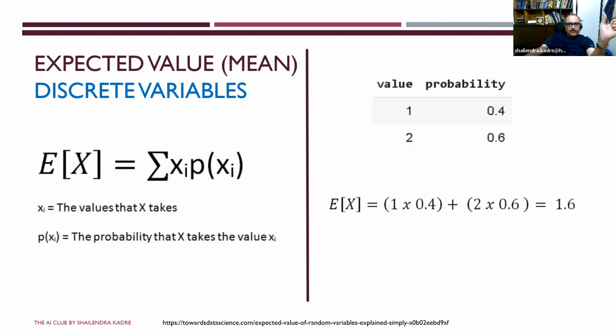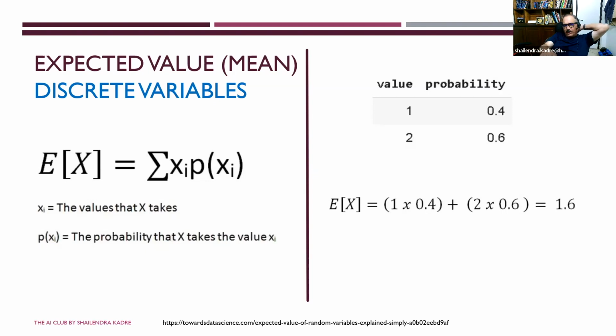So how is it calculated? See the right hand side, don't look at the formula. Suppose this column is given: the first column is value, the second column is probability. Value is 1 and 2, which can be anything, 1 kg, 2 kg. The probability of getting 1 kg is 0.4 and of getting 2 kg is 0.6. So how to calculate expected value?